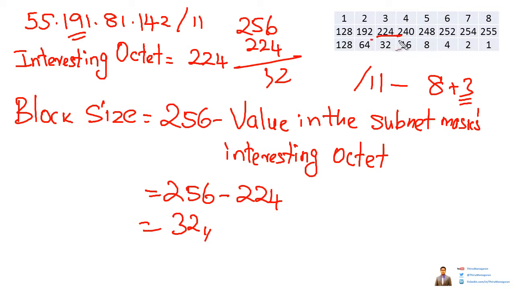We can see that 256 minus 224 is 32, so it belongs to this block of 32. Let's pretend it were a /17: that would be 8 plus 1, so we would be interested in this octet for the IP address, but the subnet mask bit would be 1 here, and the block size would be 128.